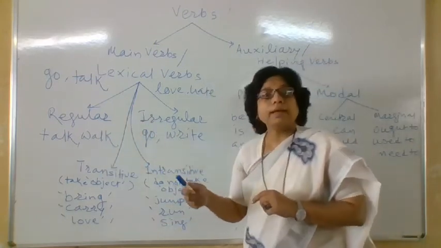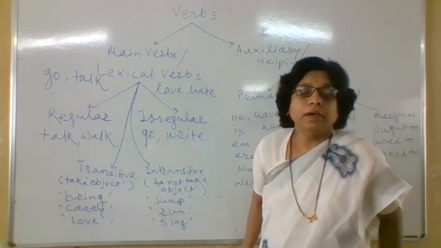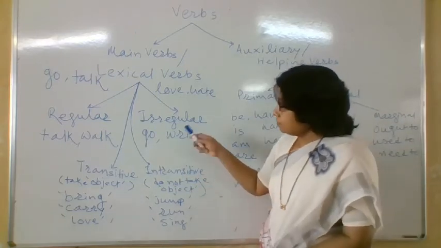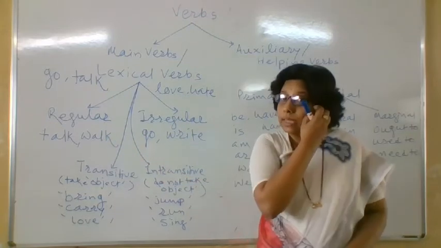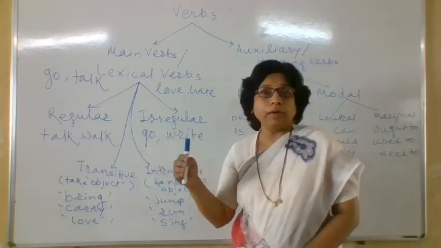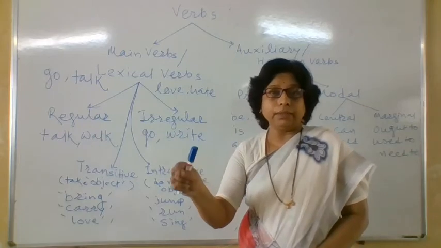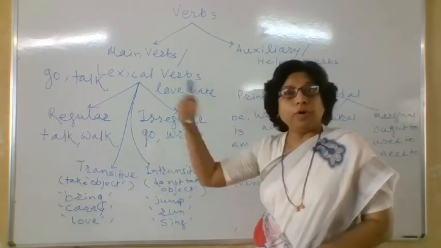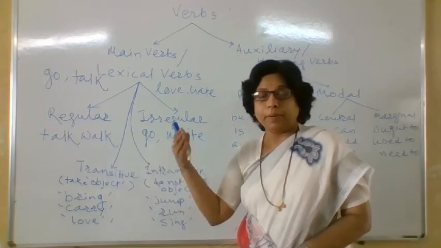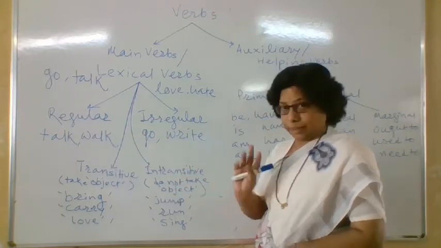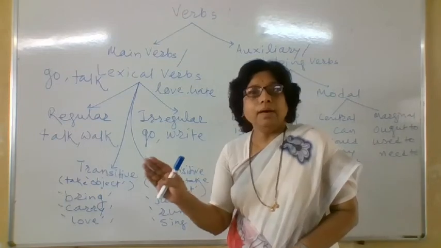But there are some verbs of which we cannot predict, or in their case we cannot just add ed and ing to form another form, that is the past tense form or the ed participle, past participle form, particularly the past tense and the past participle.